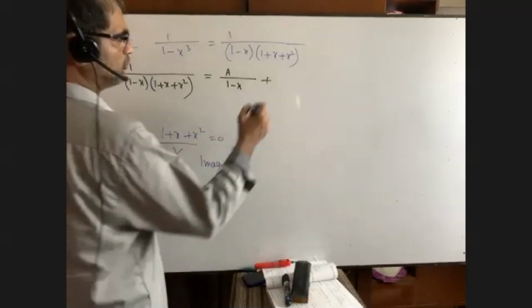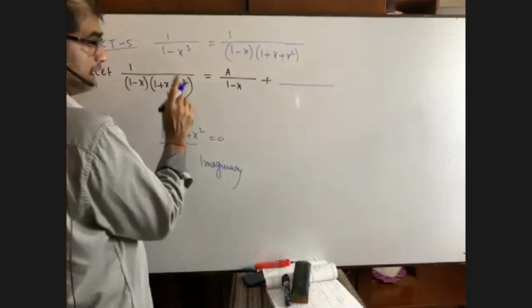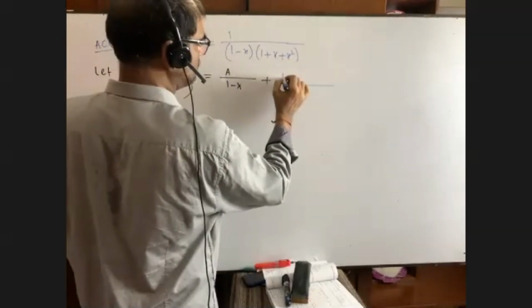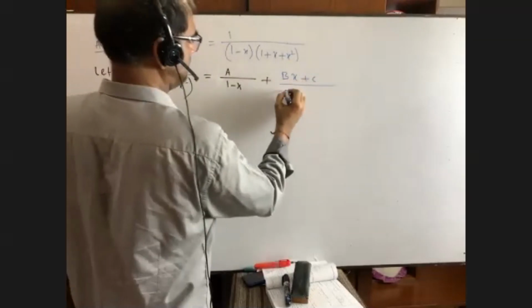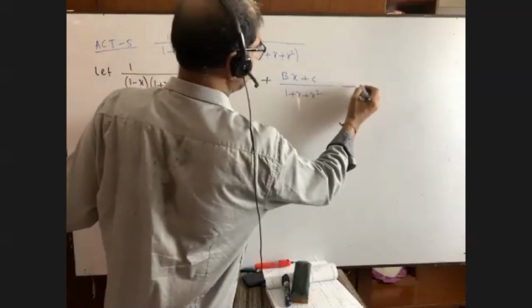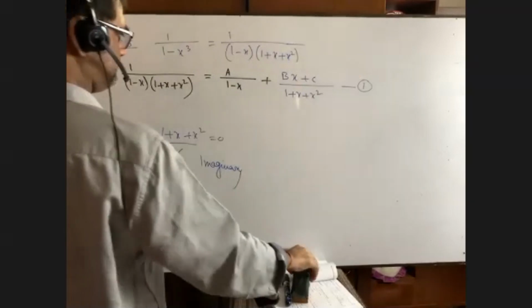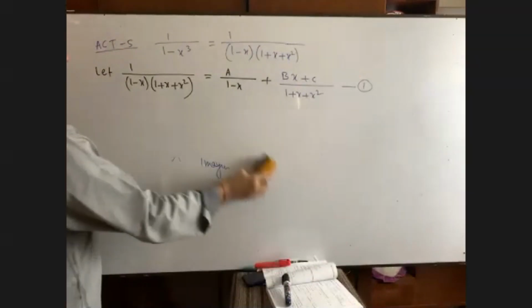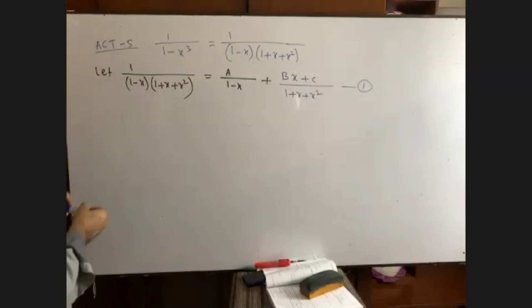So for this, we have to do like the previous one. Here power is 2, that means 2 factors, 2 unknowns. B and C are the 2 unknowns. It is 1 plus x square. Same math, right?